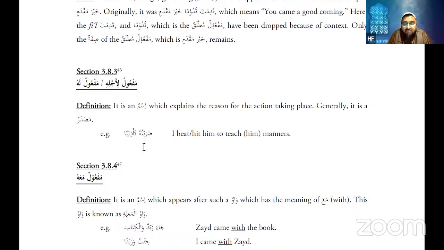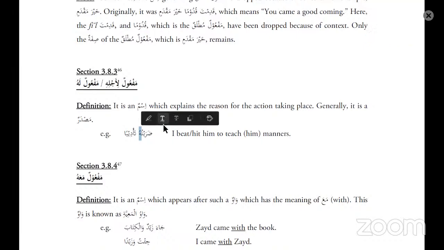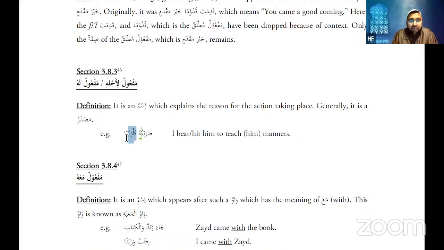So you have: I hit him. Him is the person who's been hit, correct? Yes, that is an object. And ta'deeban is an object as well, but this object explains the reason why you hit him. So you have two objects, him and the reason.